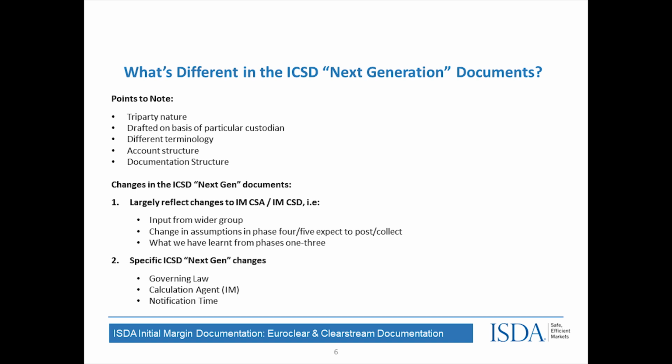And then finally, there's some adjustments made to the definition of notification time, so the time to notify Clearstream or Euroclear of any changes to the credit support amount can be extended to the latest time by which that ICSD accepts instruction for same-day transfer. And that was another change that reflected wording that had been commonly introduced into the negotiated documents for phases 1 to 3. And I think with that concludes the summary of the changes.